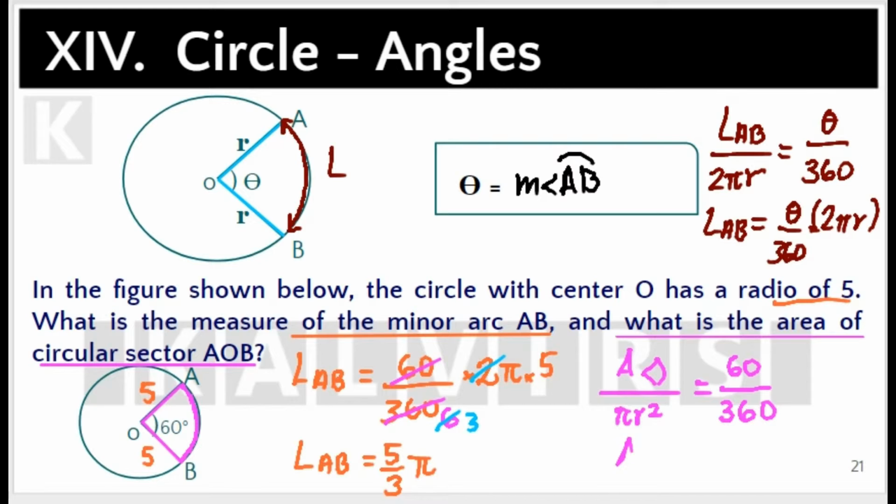Solving for the area of the circular sector AOB, remember that here we can cancel this one and this one. 6 here. So now this is 1/6 times the area of the circle, pi times 5 squared. Finally, the area of the circular sector AOB is 25/6 times pi.